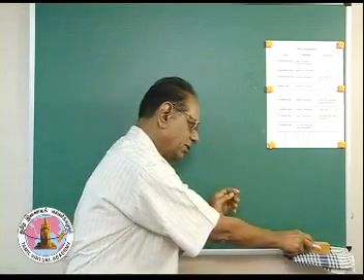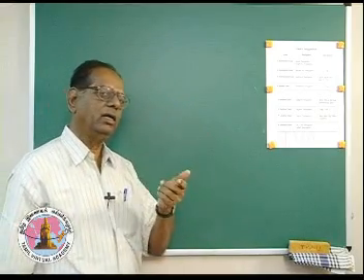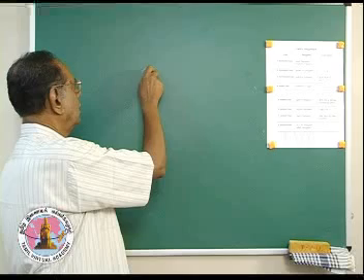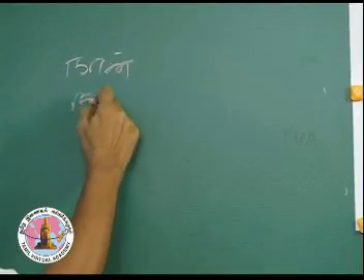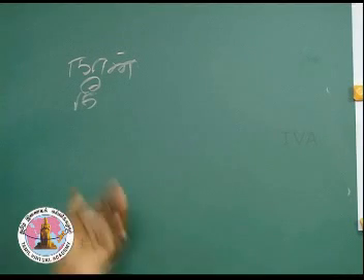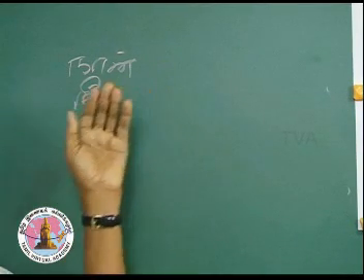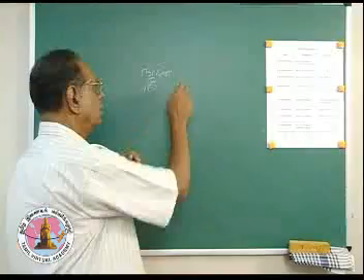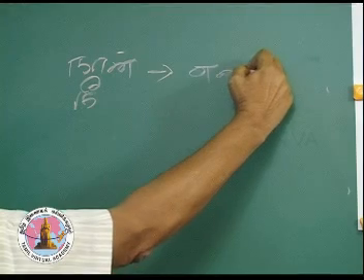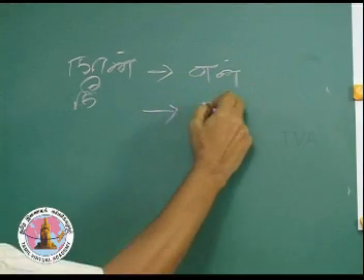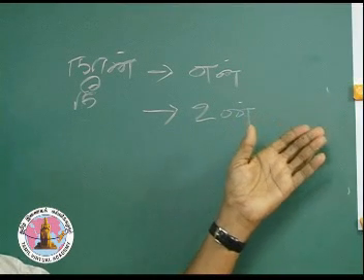For discussing the persons, the third person, we also saw earlier that nan and nee, first person singular and second person singular, first of all become en and un and then accept the case marker.